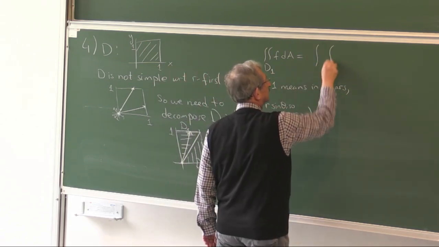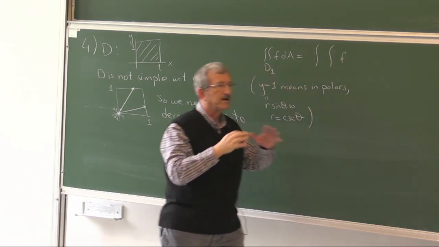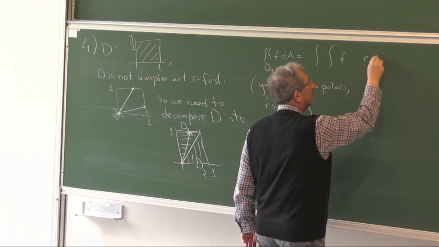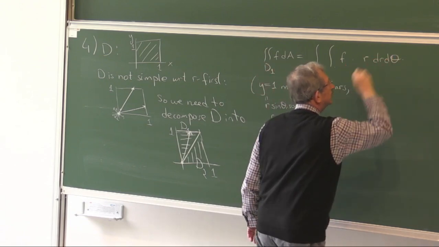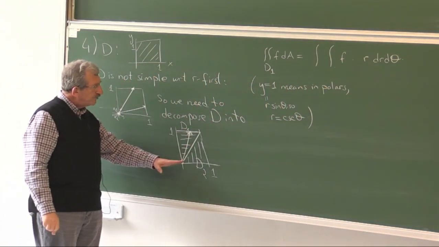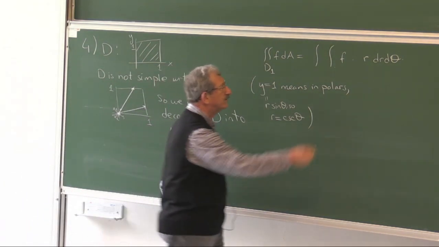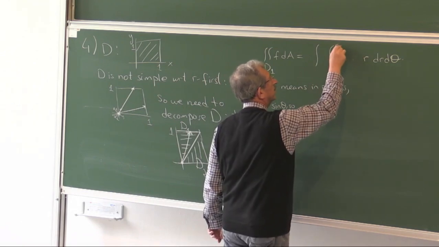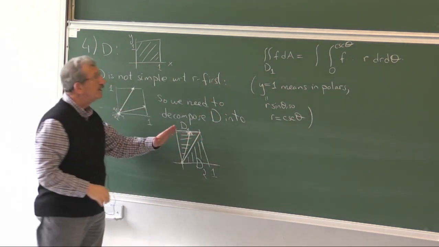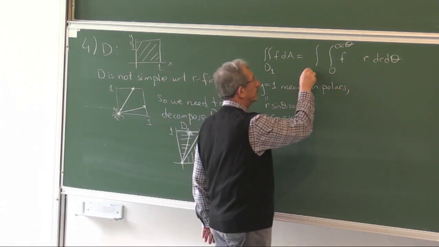Well, this then tells us that we have f. I will not write r cosine theta, r sine theta, just to save time. Okay. We have the r coming because we change into polars, and we use r first. So here, r changes from 0 to y equal to 1, which means r is cosecant of theta. And theta, in the meantime, in D1, changes from pi over 4 up to pi over 2.